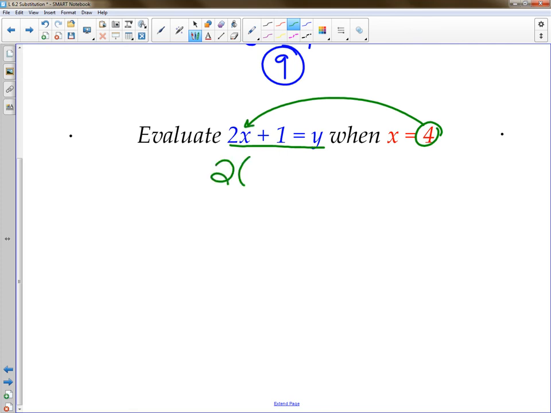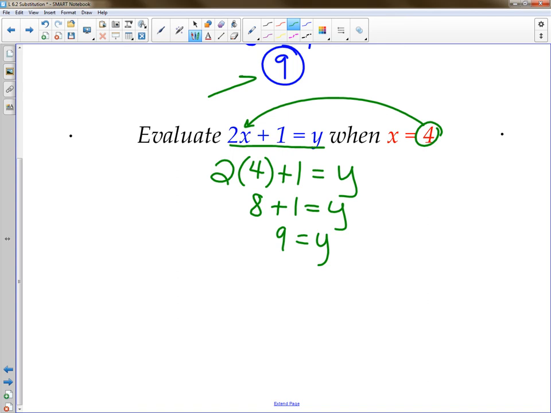Every time I replace a letter with a value, I'm going to put it in parentheses. Plus 1 equals y. 2 times 4 is 8. 8 plus 1 is 9. Now instead of just getting a numeric value, now I have an equation that says y equals 9. Y equals 9 when x equals 4.